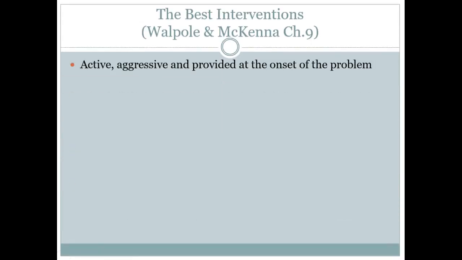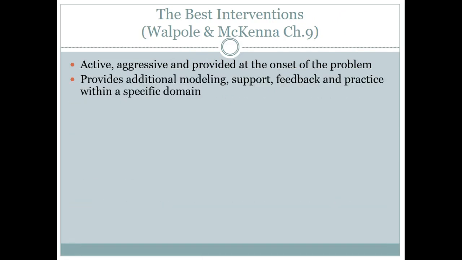The best interventions are found to be active, aggressive, and provided at the onset of the problem. As soon as we notice that someone is not meeting grade level expectations, we have a plan for that student. It provides additional modeling, support, feedback, and practice within a specific domain.